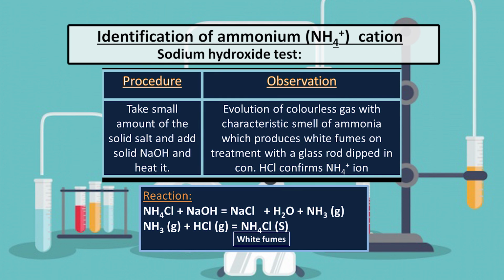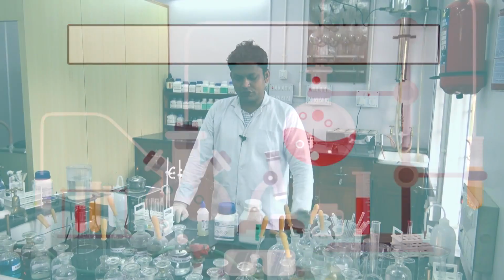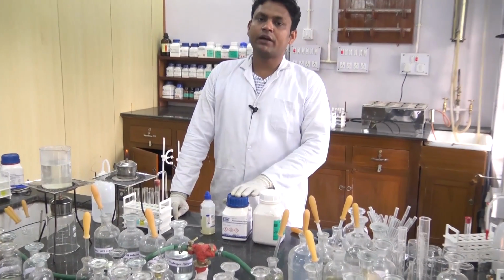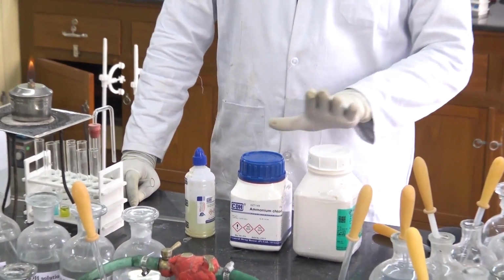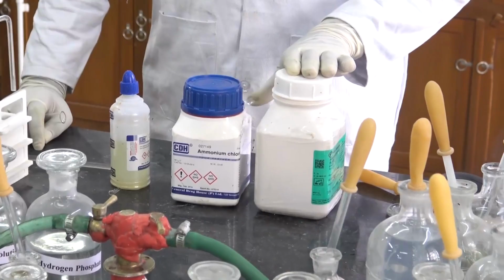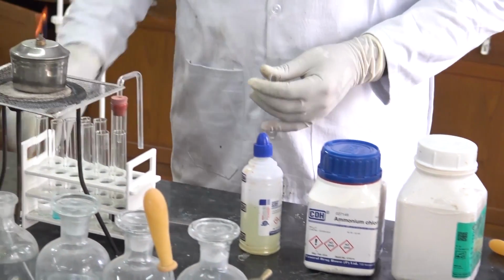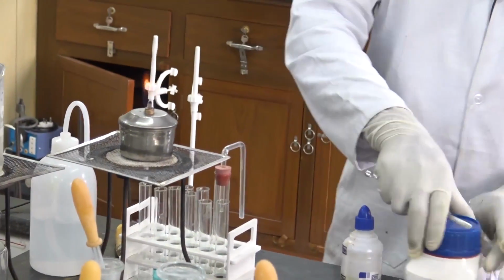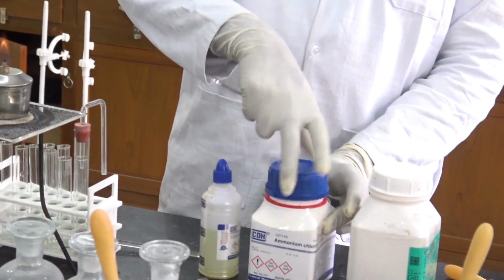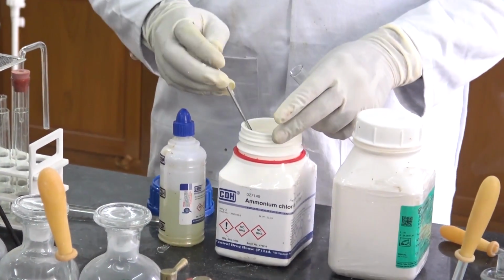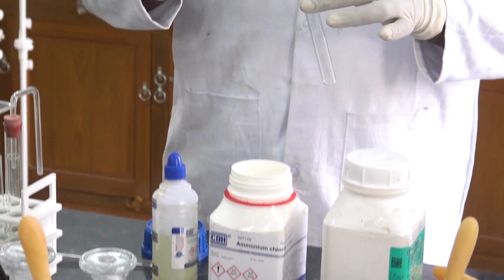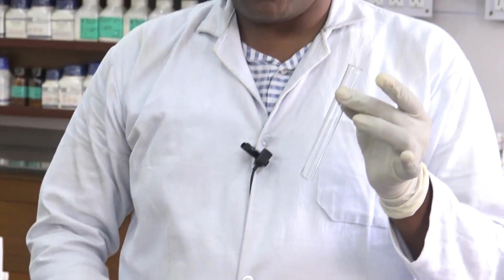Now we go forward to the test for ammonium cation, that is the sodium hydroxide test. For this test, we need an ammonium salt, solid sodium hydroxide and a heating apparatus. At first, we take solid ammonium chloride, which contains ammonium ion.